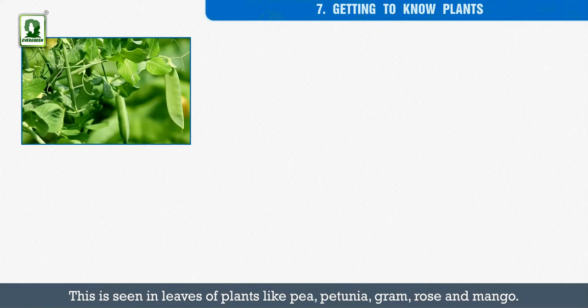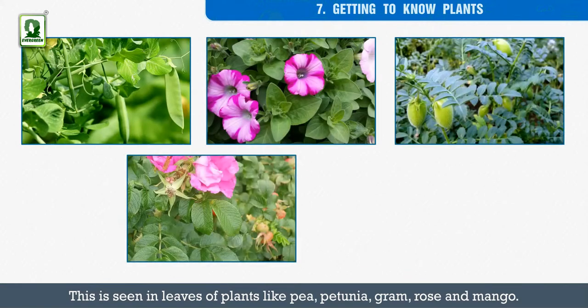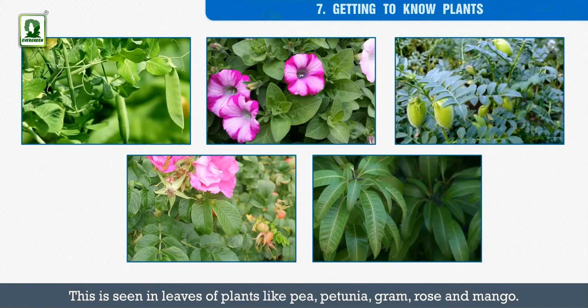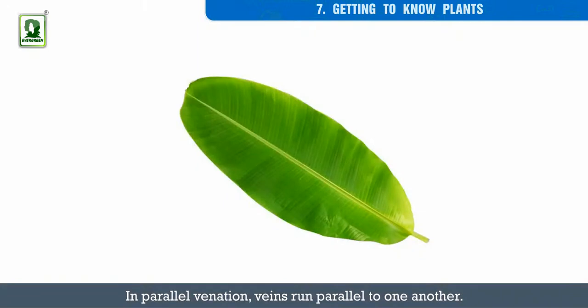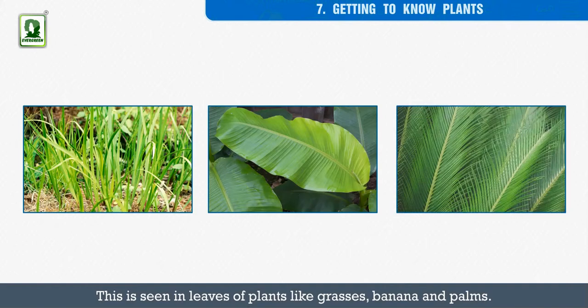This is seen in leaves of plants like pea, petunia, gram, rose, and mango. In parallel venation, veins run parallel to one another. This is seen in leaves of plants like grasses, banana, and palms.